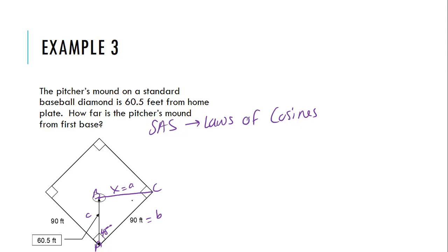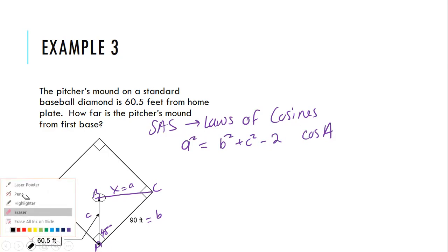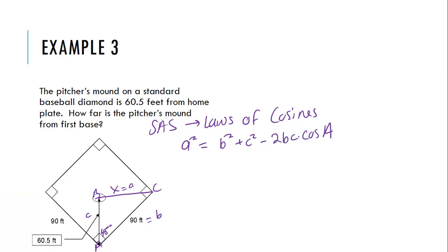You can write it already solving for the X, or you can write it solving for the angle, then move things around. We're going to write it solving for the X already. So that would be A squared equals B squared plus C squared minus 2BC cosine of A.